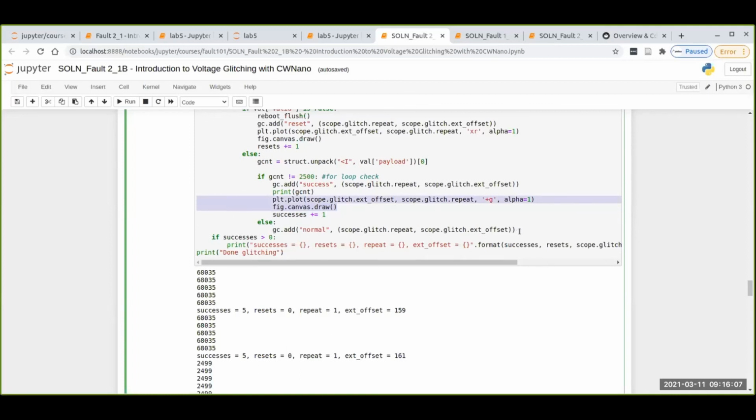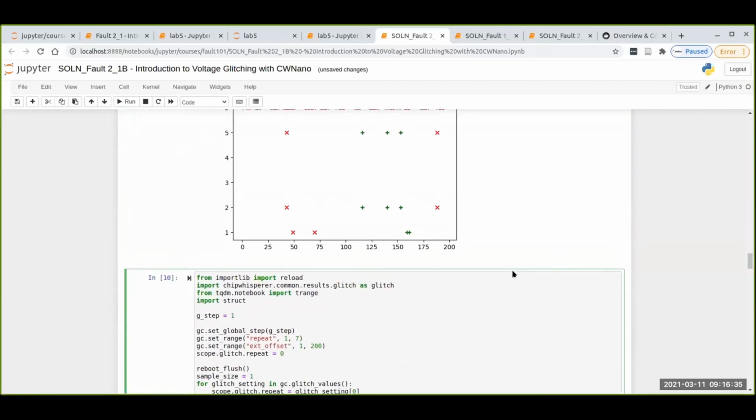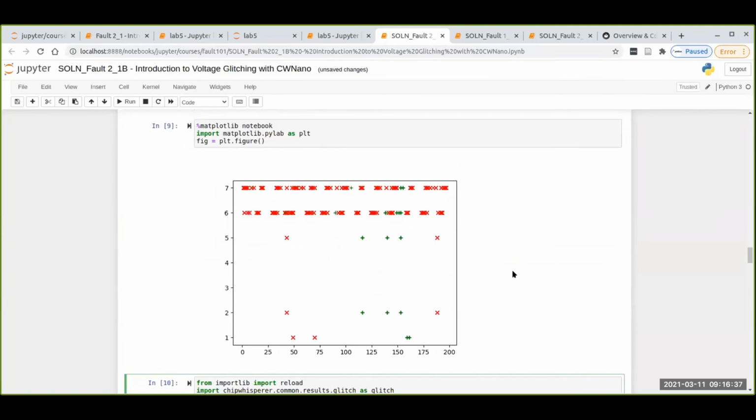This isn't going to work on mine because it's not connected, but instead of a plus green, you could do a dot blue, or like a line in blue. Maybe an asterisk. I think asterisks will do something fun. So you could plot all the other points in this matrix as well, if you really wanted to see that the whole matrix is going to be filled for every experiment.